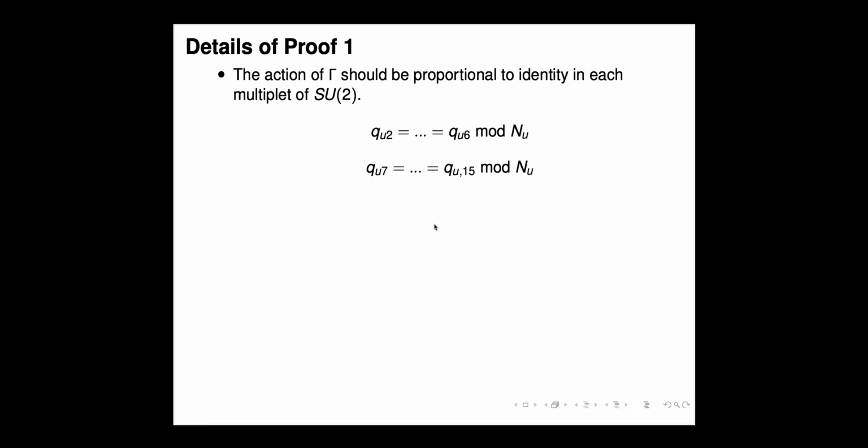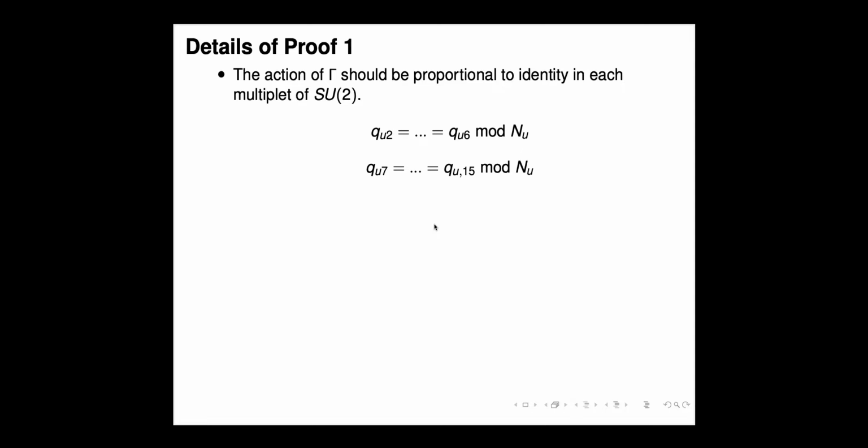So here is the proof. Basically, the idea of the proof is as follows. Because the gamma should commute with SU2, in particular it means that gamma should act as an identity element in each multiplet of SU2. So for the left mover, these 5 elements should have the same value in gamma, which are the charges of the fermion under gamma.